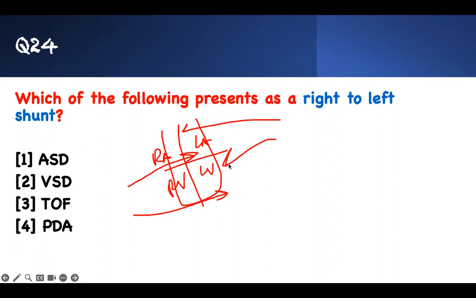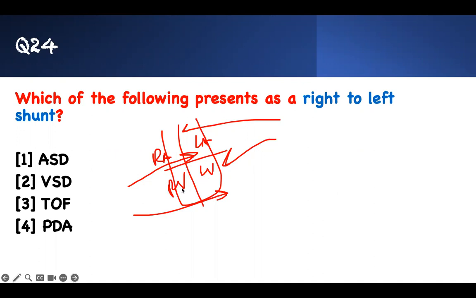The right to left shunts are usually cyanotic. They look blue because the blood has not seen the lung. The left to right are not blue. They are acyanotic, but they have lung congestion.